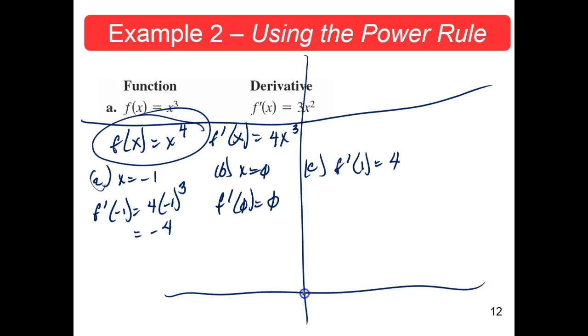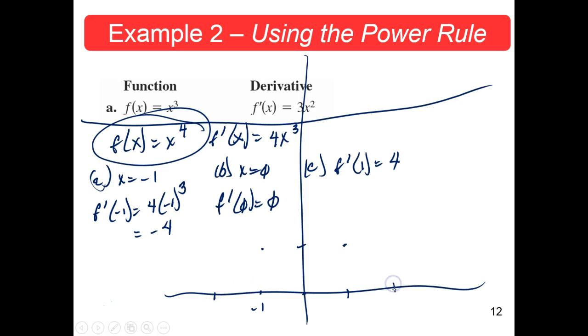And that's going to be at 0, 0, at 1, 1, okay, at -1, 1, because when you raise -1 to the 4th power, it's -1 times -1 is 1, times -1 is -1, times -1 again is +1, okay? And then it goes up astronomically from there.